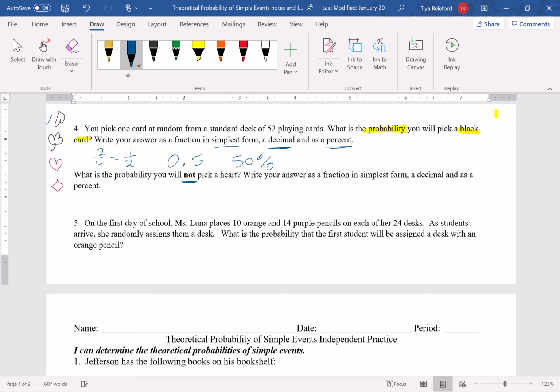Well, a spade is not a heart, a club is not a heart, and a diamond is not a heart. So out of the 4 suits, how many are not hearts? 3, right? So 3/4. Now you're going to write that in a decimal and a percent.